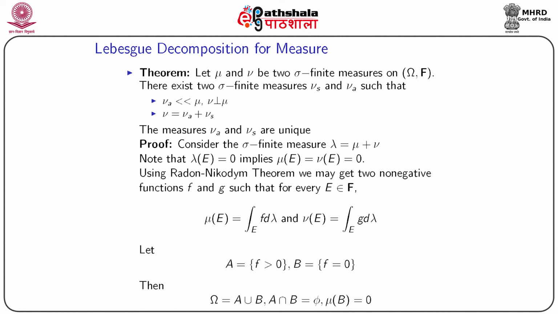Now we will define a very important result called the Lebesgue decomposition for measures. The theorem says: let mu and nu be two sigma finite measures on omega and script F. There exist two sigma finite measures nu s and nu a such that nu a is absolutely continuous with respect to mu, and nu s is singular with respect to mu, and nu can be written as nu a plus nu s, and the measures nu a and nu s are unique.